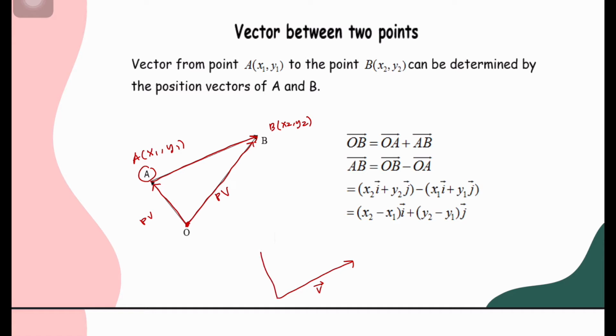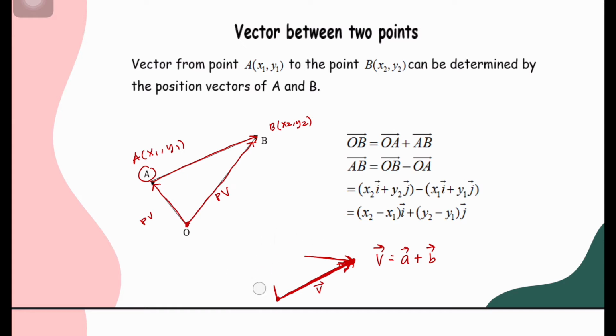If you have a vector A plus the vector B, you will get the vector V. So vector A in this direction plus vector B in this direction will come to the same point. So to find vector V, it is equal to vector A plus vector B. This is the one that we have seen before.